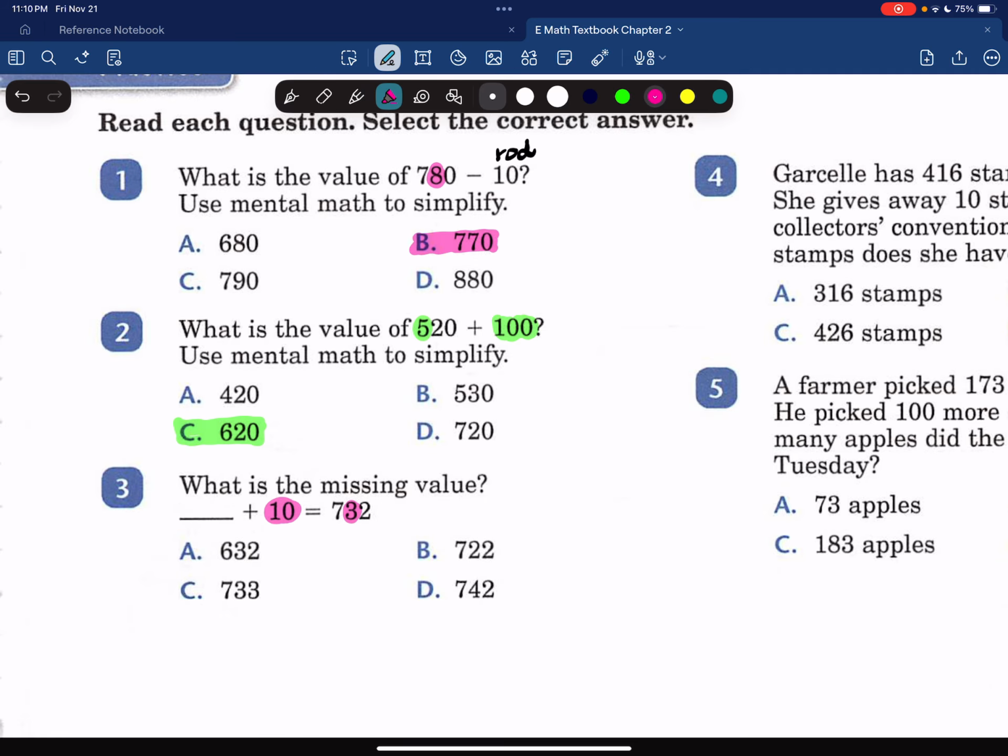Well, if I added a rod, that means that originally I had 722, because I would take this rod and add a rod to it to get 732. That's an algebra question. The answer you want is B, 722.